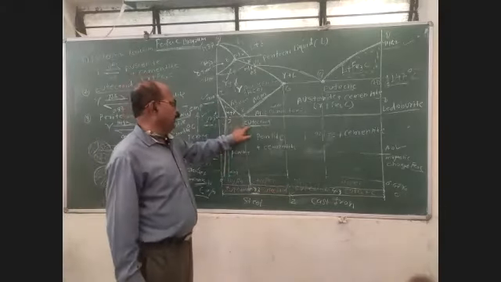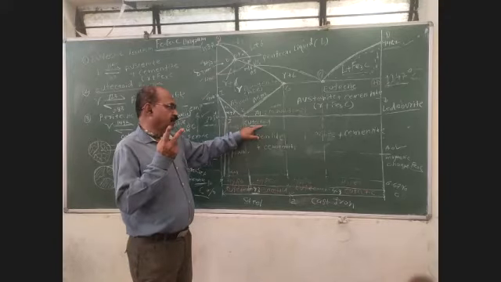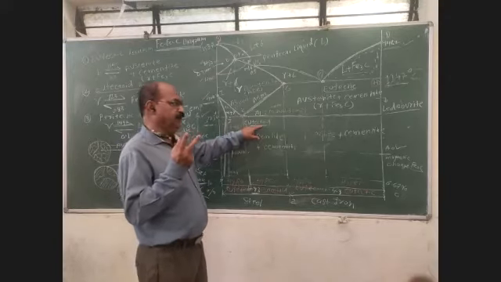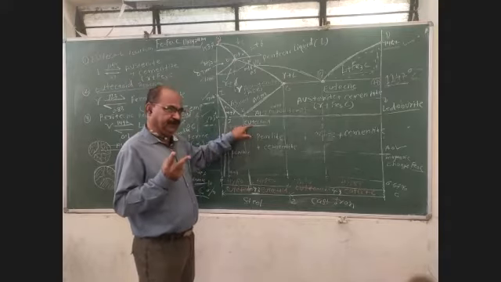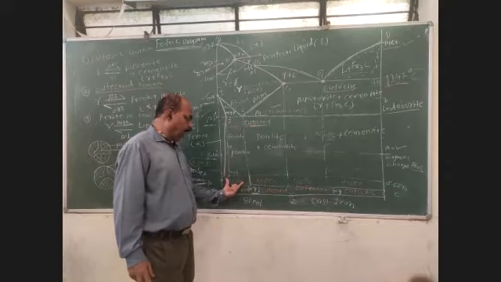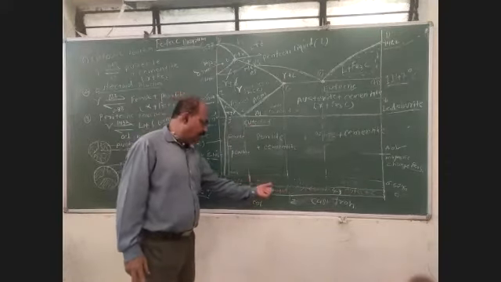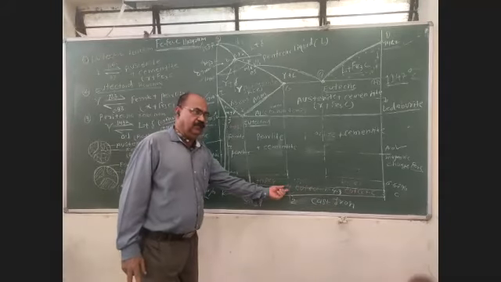You see the spelling, eutectoid. Two words are taken from the Greek language, eutectoid and eutectic. So hypo up to 0.83, hyper above this and up to 2.